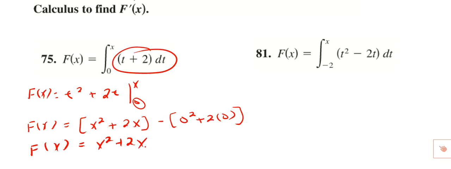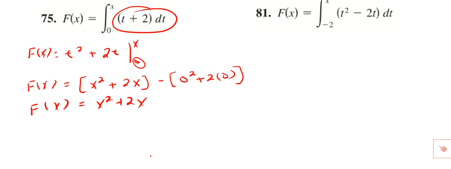So that's part one. Part two of this says to find capital F prime of x. So the derivative of this: remember, we subtract 1 from the exponent and then multiply the exponent on the outside. So subtracting 1 from the exponent of 2 gives us x, and subtracting 1 from the exponent here just gives us 2.